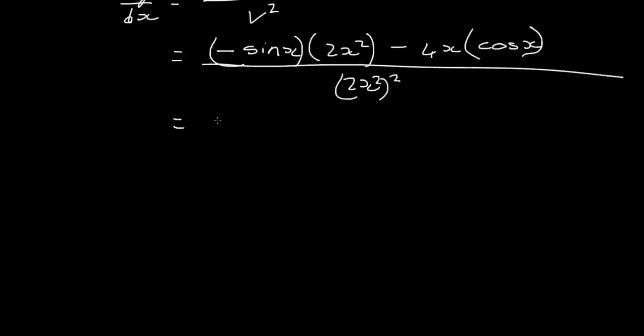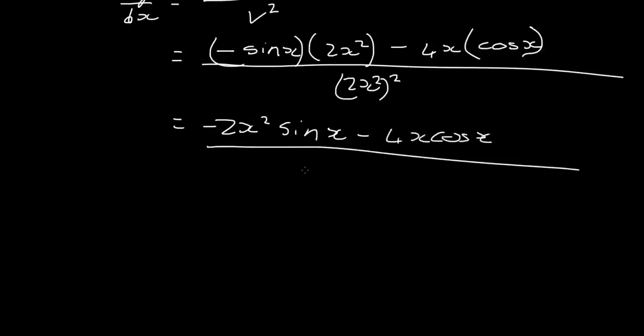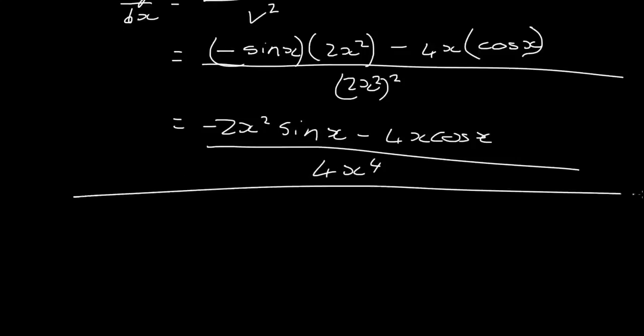So that gives minus 2x squared sine x minus 4x cos x over 4x to the 4. And there you go, you've calculated your derivative.